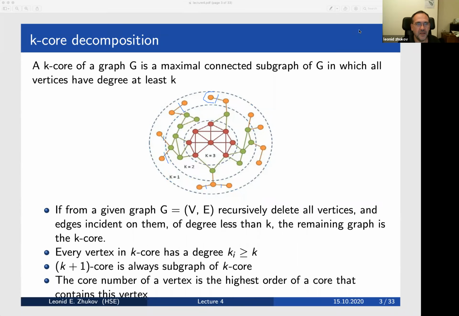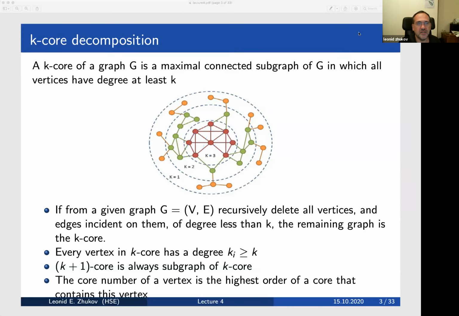Okay. And then we keep going, and again, the whole thing is a 1-core, then this structure is a core 2, or 2-core, and then the structure that remains is a core 3.